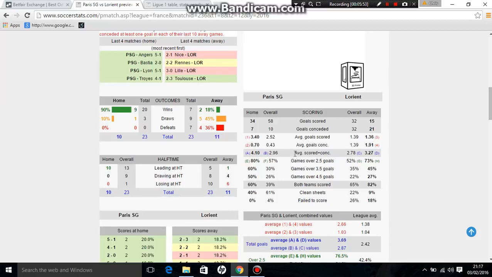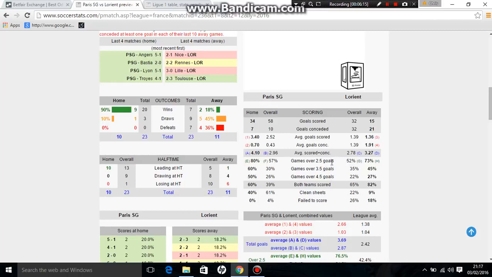And if you go to here, which is average goals scored and conceded, which is the main one we want to be looking at, you can see Paris Saint-Germain is 4.1 and Lorient is 3.27, which they are really good. They're some of the best I've seen this season so far, really.